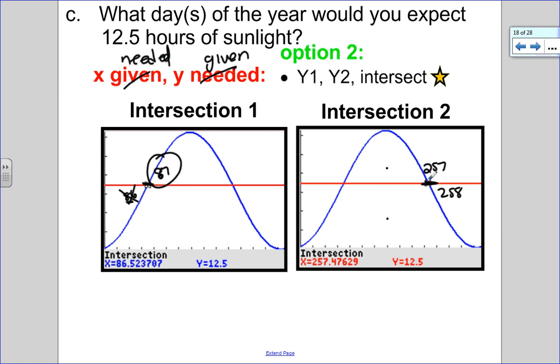I actually have a little bit more. This one here, if I go to 258, I'm going to have below 12.5. So I actually want to round to 257, not 258, because I want to make sure I have that 12.5 hours. So that is going to occur on the 87th and the 257th day of the year.